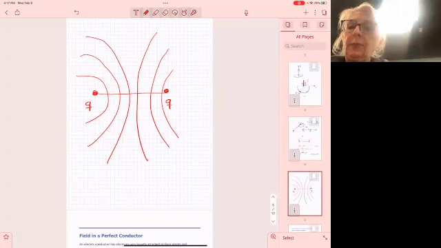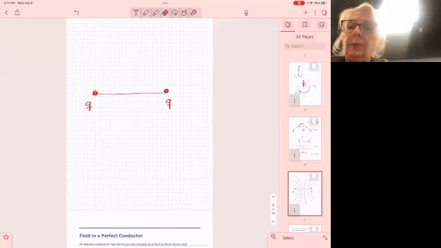Okay. That's how practically the, not the lines of the field, but the lines of the potential is going to be more or less. But if you want to know about the field, it's going to be 0. As a matter of fact, sorry. I did not have that as an example.